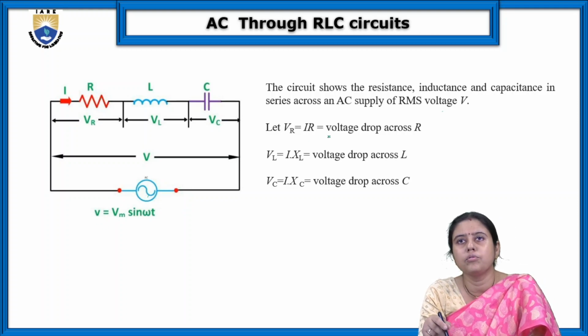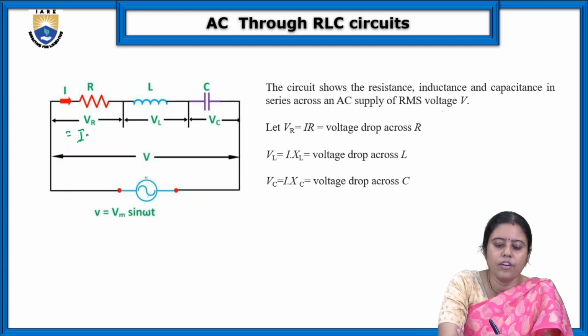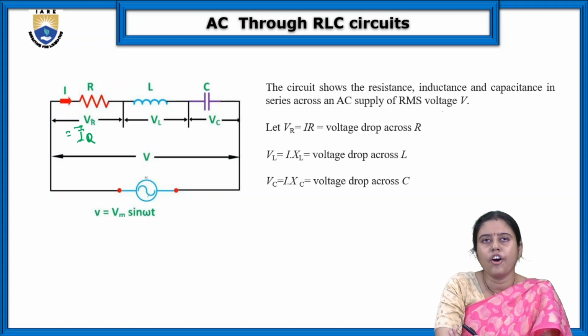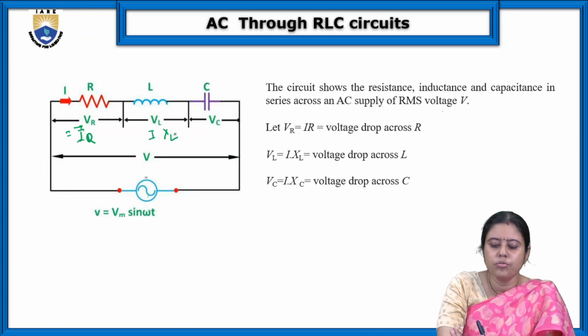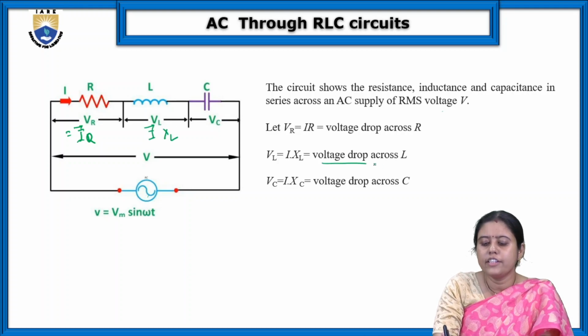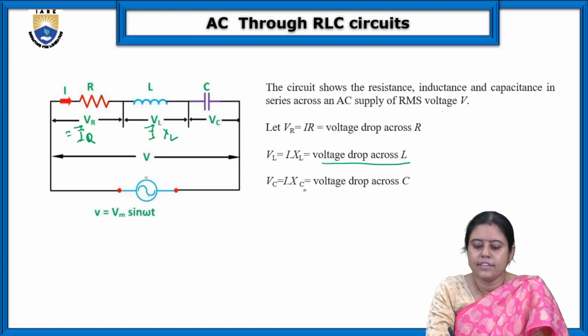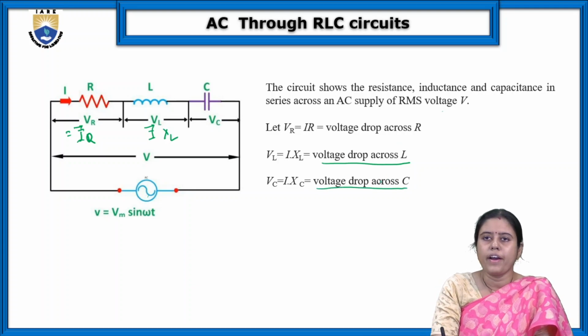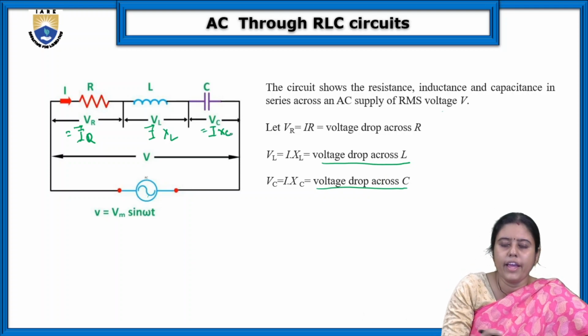VR is equal to I into R. So this is the voltage drop across the R. What is VL? I into XL, voltage drop across the inductor. And this is the voltage drop across the C, so this is I into XC.